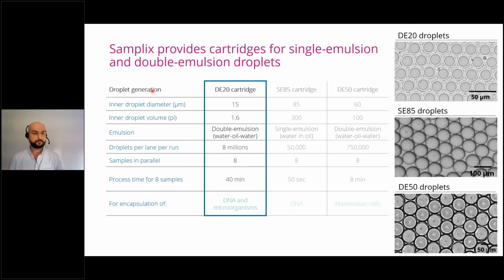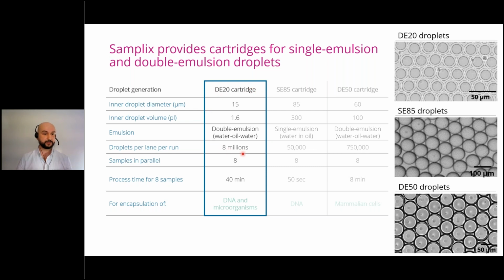So at Samplix, we have different cartridges for the production of different emulsions. For example, single emulsion as well as double emulsion, as I already mentioned. So in this talk, we will focus on the DE20 cartridge, which produces the smallest droplets that we have.